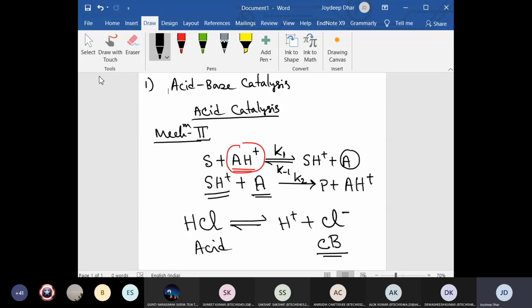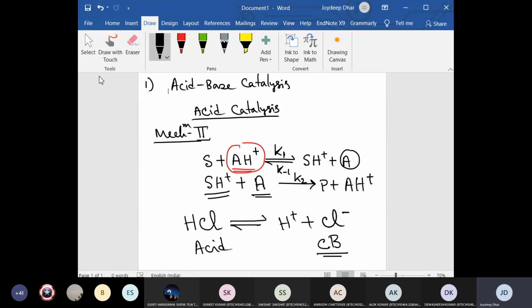Okay, so enzyme is a biocatalyst. In a biological system, different types of enzymes will be present. All enzymes will not participate in every reaction, so it will be reaction specific. A particular enzyme will participate in a particular reaction.